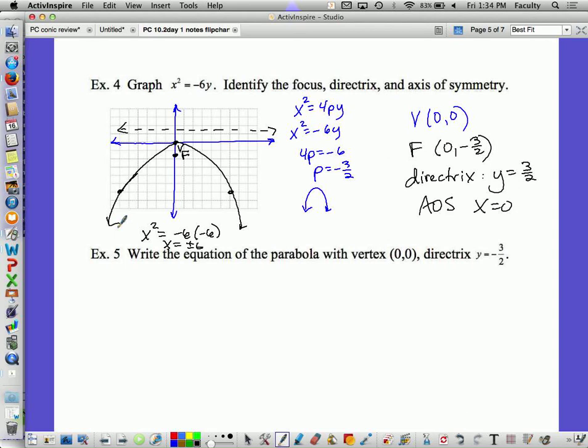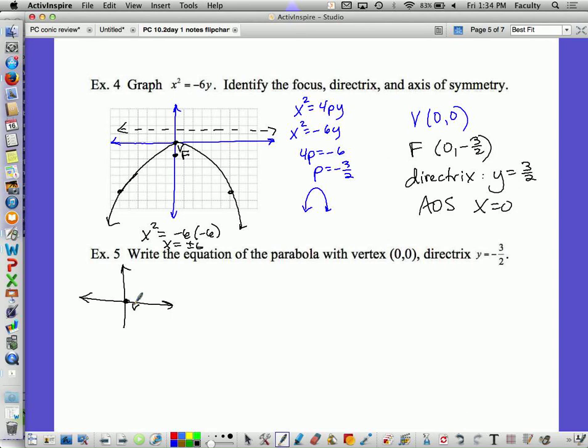Okay. In example 5, it says write the equation of the parabola with vertex 0, 0 and directrix y equals negative 3 halves. All right, so what I need to do when I'm figuring these out is I need to plot the information.